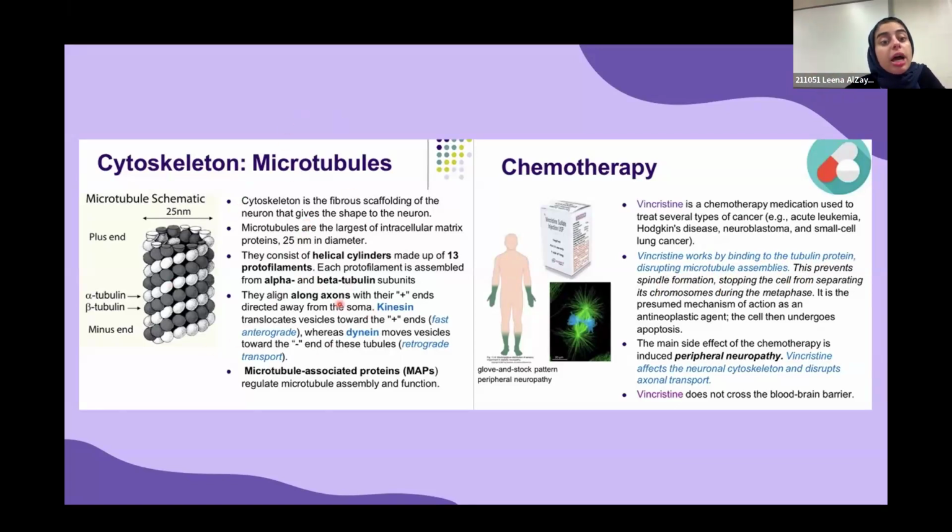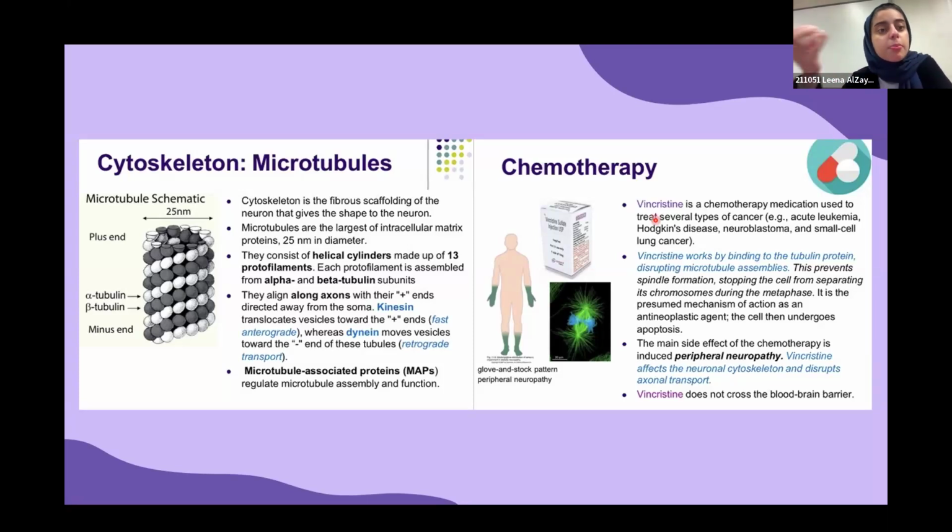They also give very important structural support. The problem with a chemotherapy like vincristine is that it's not selective. So it's not only blocking the formation of microtubules in cancer, it's also blocking our own microtubules. Then you lose the structure of the nerves, and you have this side effect of losing sensation.